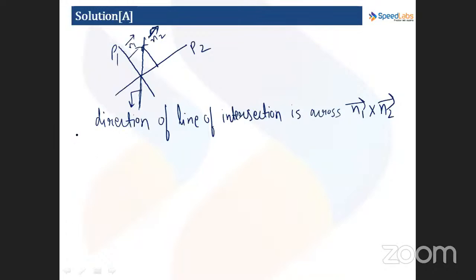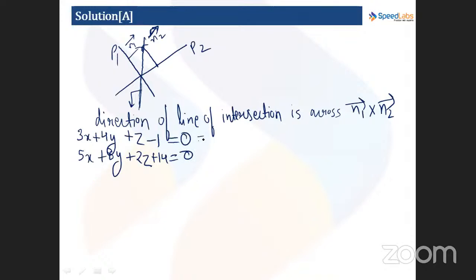So the equation of plane was 3x plus 4y plus z minus 1 equal to 0. And second plane was given as 5x plus 8y plus 2z plus 14 equal to 0.